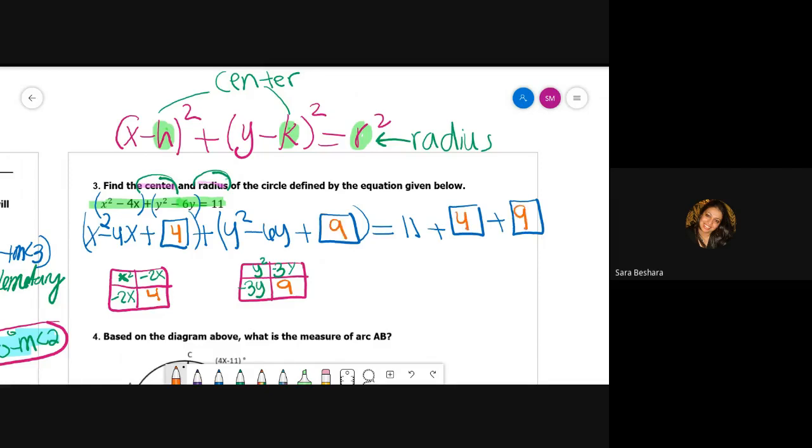Why are we adding it to both sides? Because we can't change the actual equation. Now we do something called a factoring process. We look at the vertical boxes and the horizontal boxes, and we make sure that we factor going up and going across. So x squared and negative 2x, whatever is in common is just x.